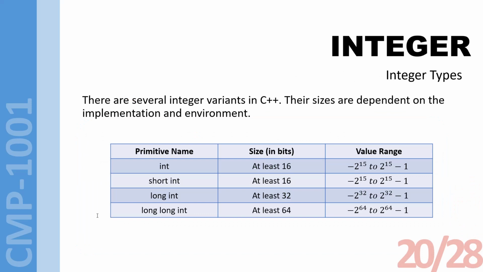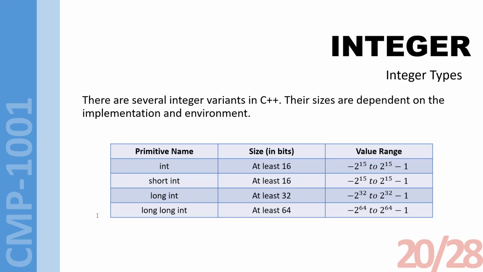But the thing is, integers or any other variable types have a size in any programming language. And C++ in particular has roughly 4 different variants of the integer. Each one of them has different sizes. So if you are trying to keep a very, very long number, let's say 1 trillion, inside an integer variable, you see that the integer will not be able to hold that much information because it is just not big enough.